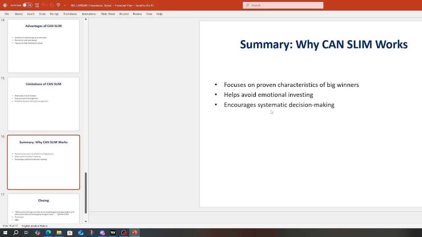So, to close on CANSLIM, I'm trying to get to the last page. Sorry, I think my screen froze. Everything else is working.